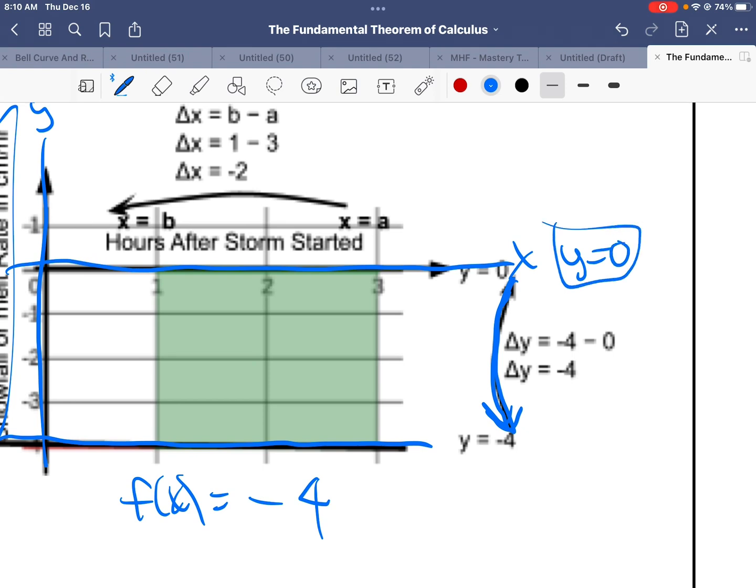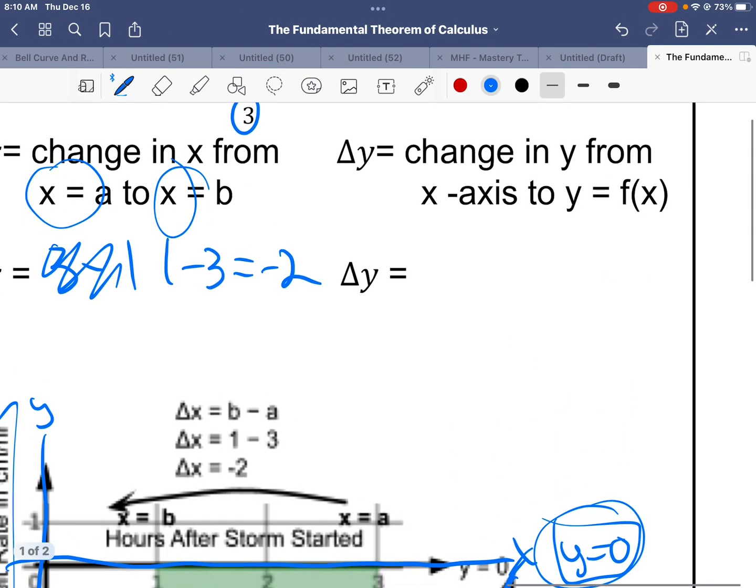That's always my starting spot, and then I go to where the function is. The function is f at x, or y equals negative 4. So what is that distance with direction? Well, it's 4 units, but it's in the negative direction. We always start at 0, y equals 0, the x-axis. So our delta y is negative 4.